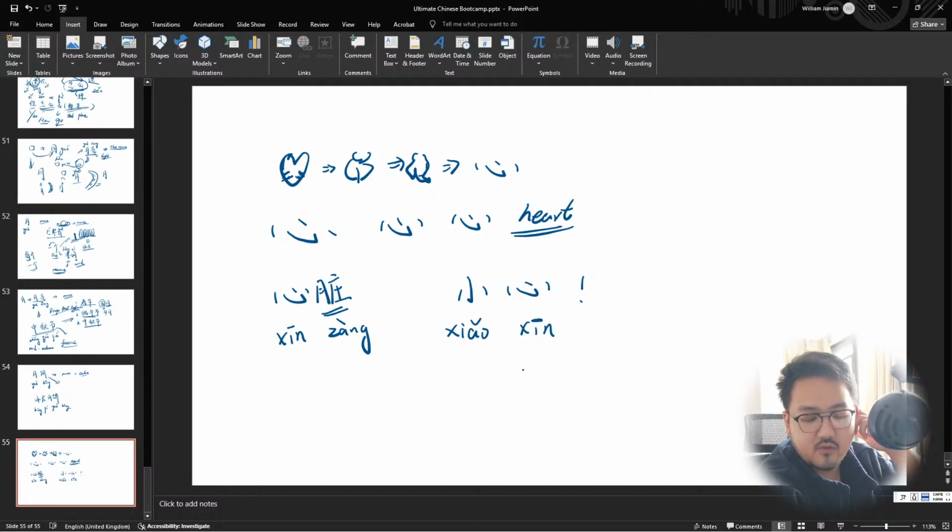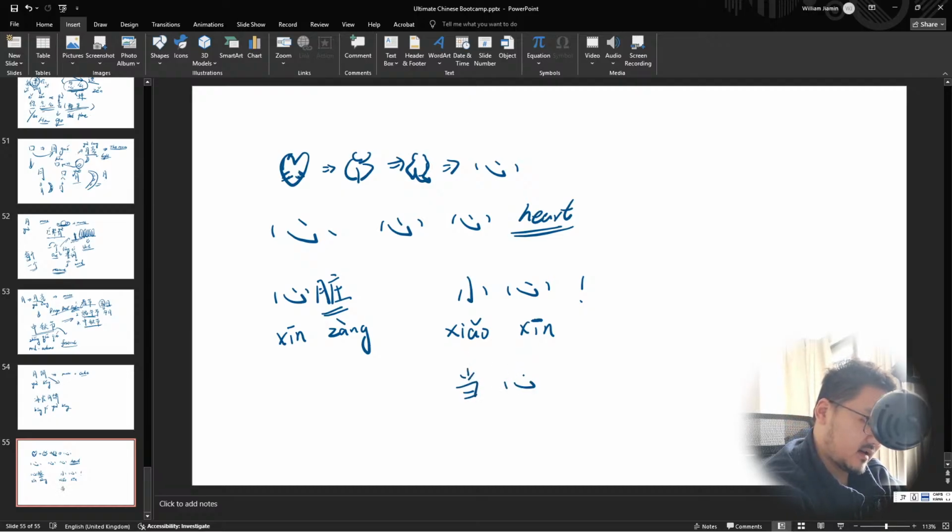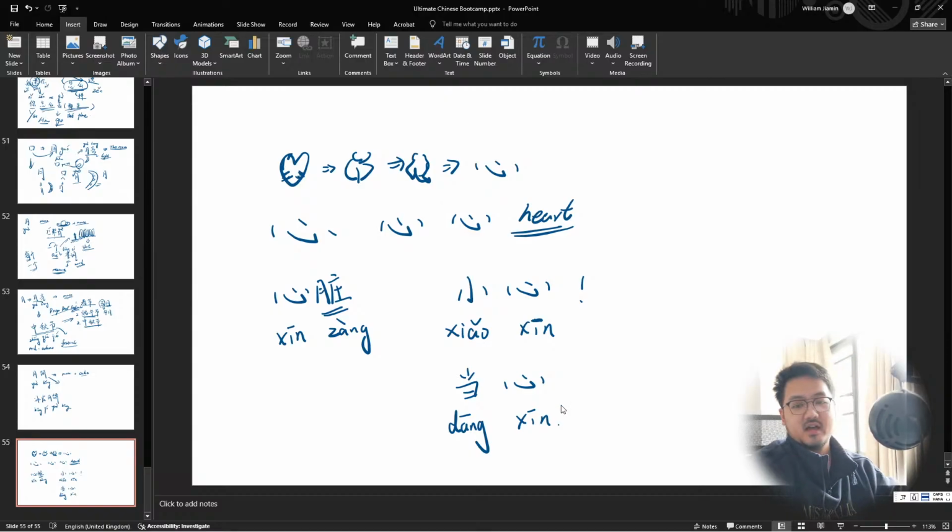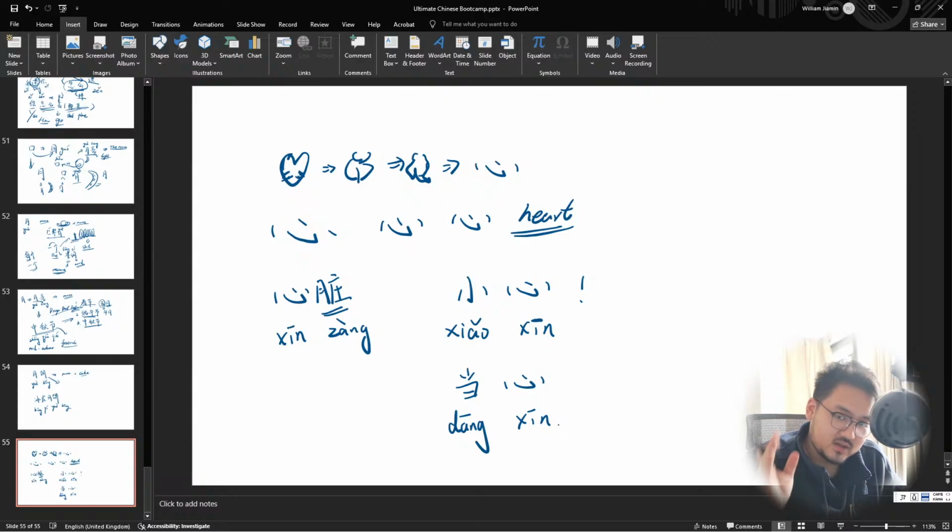If you are roaming through the China streets, you will see something like 当心什么什么. 小心 and 当心 both mean be careful. 小心 means you need to make your heart a little smaller in order to be careful, and 当心 means you need to pay special attention, you put your heart to it.